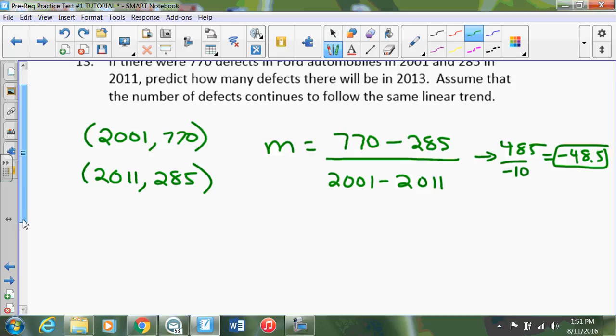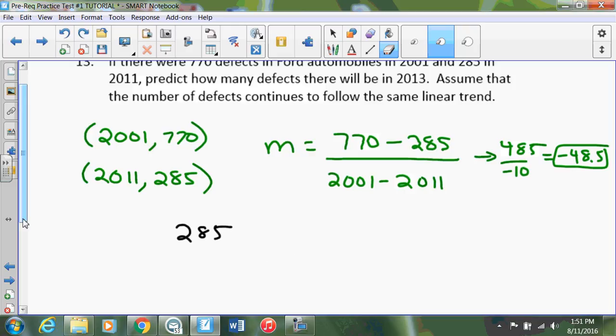And so now that we know the slope, let's take the 285 that was in 2011, and they want us to predict how many defects there will be in 2013. Well, that's two more years, so we know that it's going to fall. I shouldn't have put the minus there.